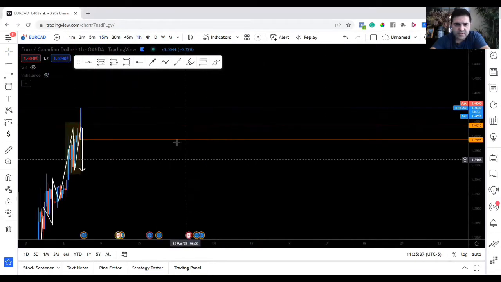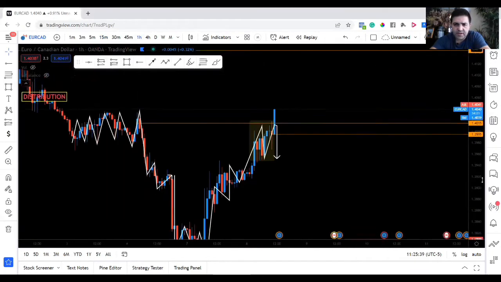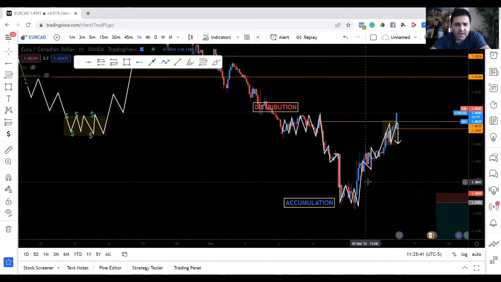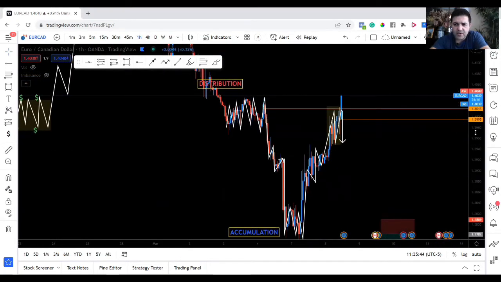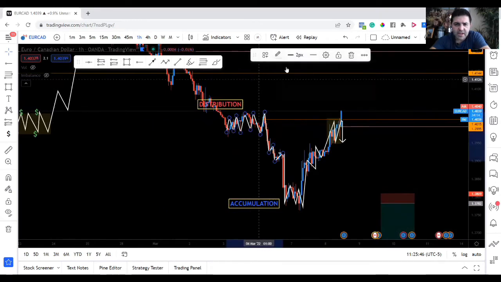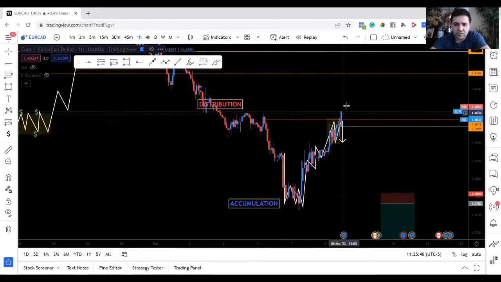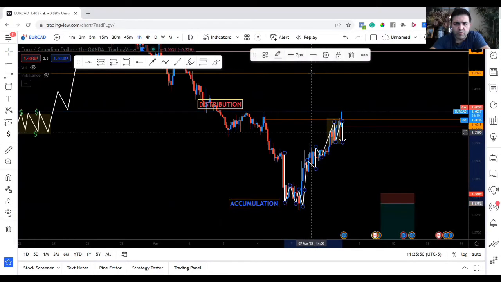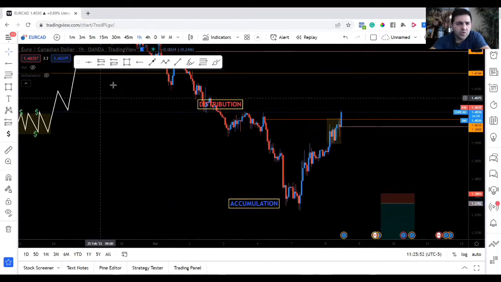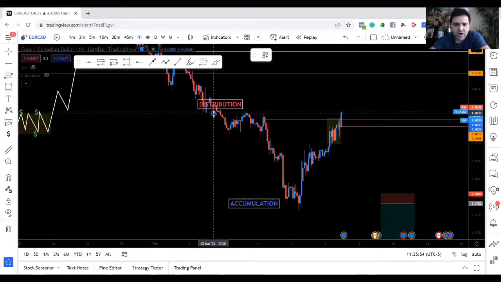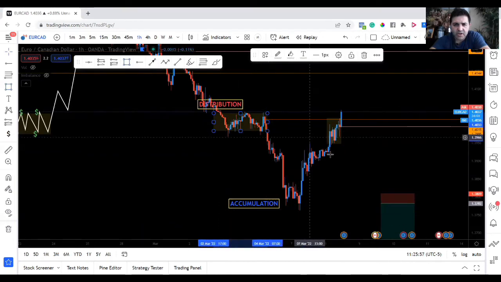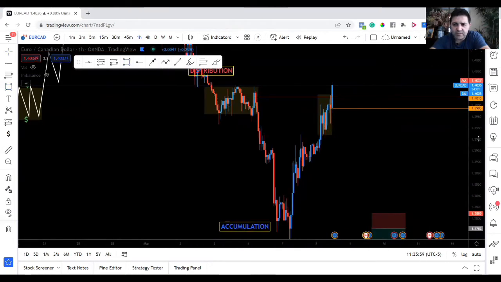Now, let's bring this to the 1 hour again. Understanding this accumulation and distribution that we just went over, we usually use this strategy called the banker strategy because we identify what these patterns are.